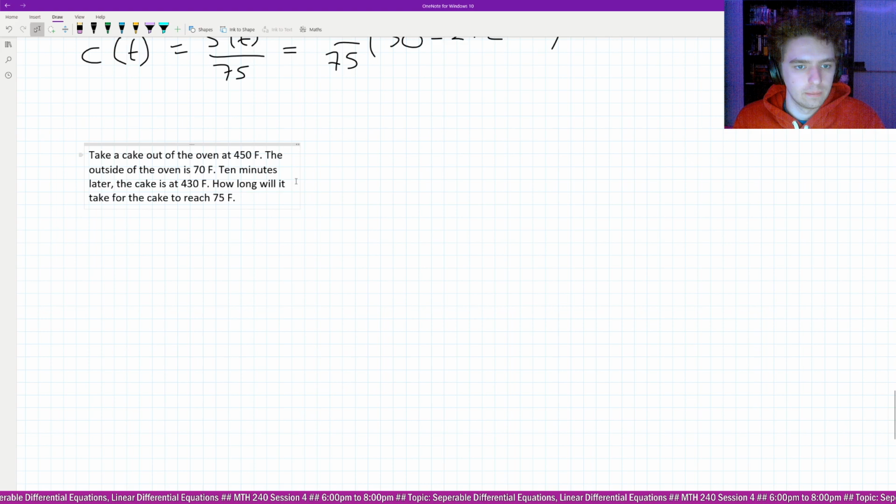So the main trick of this question is you have to know how to write this as a differential equation. I can't exactly explain why, but this is written as the derivative of temperature with respect to time. Notice big T is temperature, little t is time, equal to K times T minus the outside temperature.